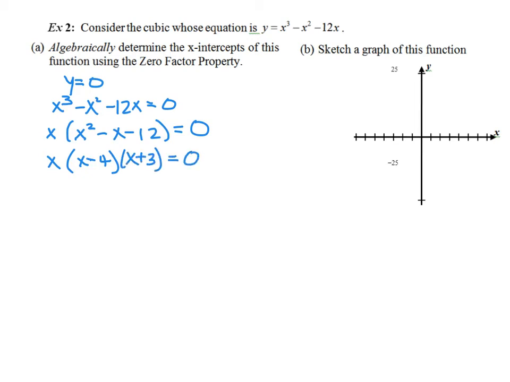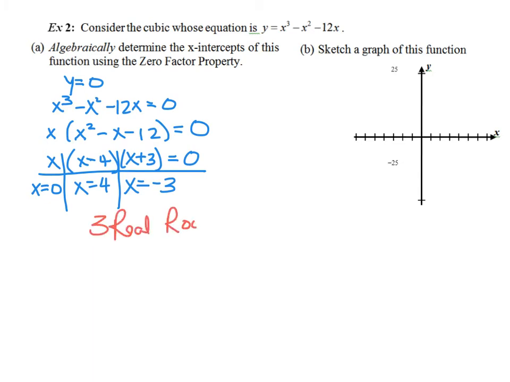So when I have the cubic function in completely factored form, I can set up my T-bar and use the zero product property, and set each factor equal to 0. And from this, I see that I have 3 real roots.